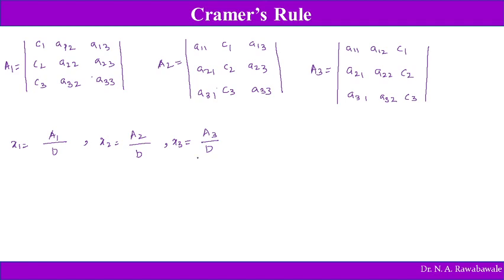Now let us solve one numerical problem to get the values of x1, x2, x3. Let the first algebraic equation be 0.3x1 plus 0.52x2 plus x3 is equal to minus 0.01.